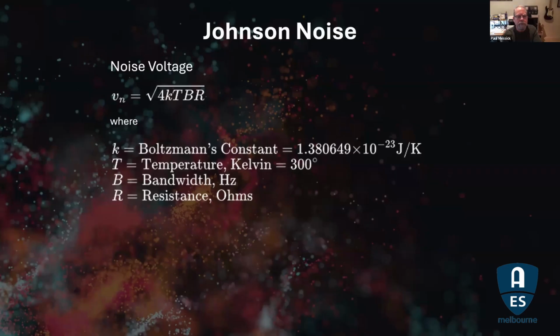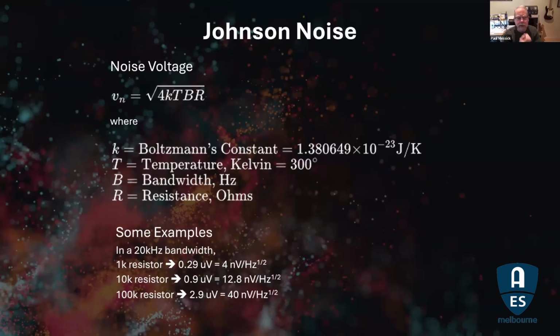And the bandwidth of your system in hertz, so in this presentation, I'll typically use 20 kilohertz. You might have other bandwidths, but for most audio things, it's going to be 20 kilohertz. And then your resistance in ohms. So the noise goes up as the resistance goes up, because you can see that it's all multiplied by the square root of R.